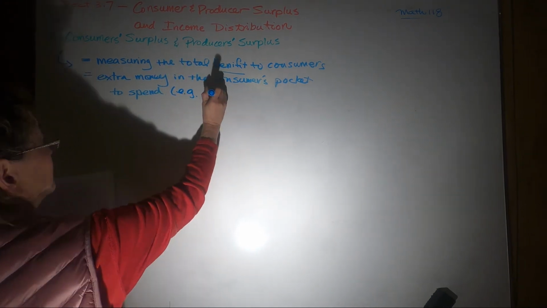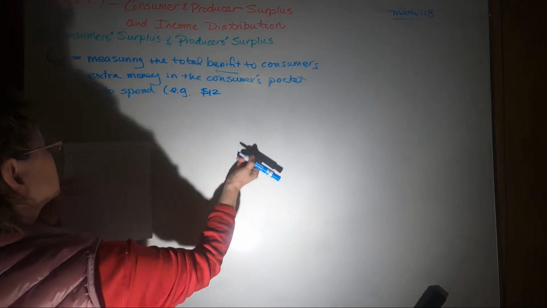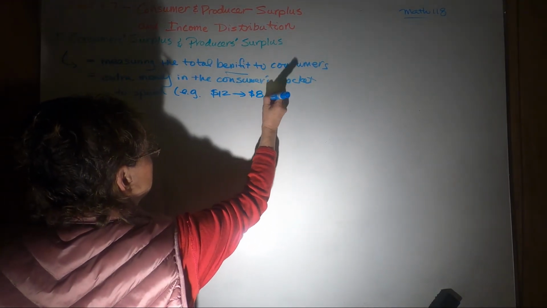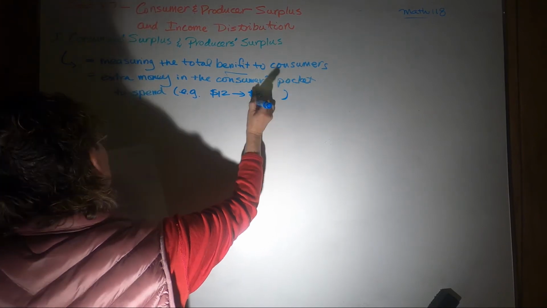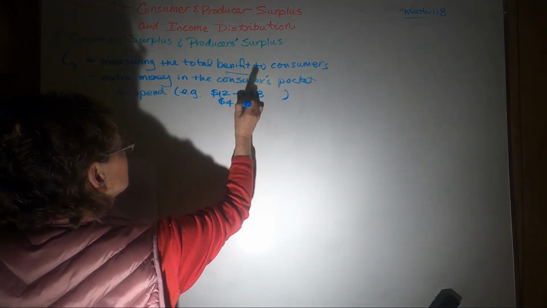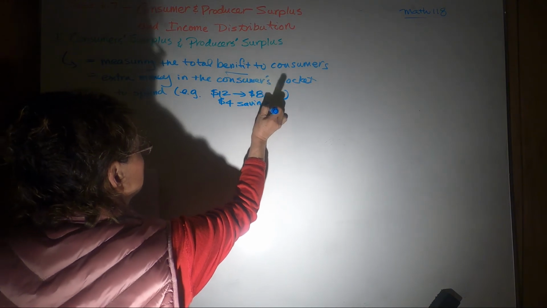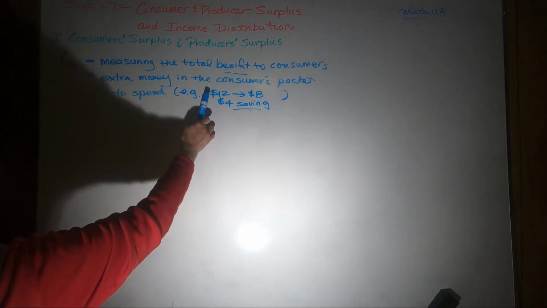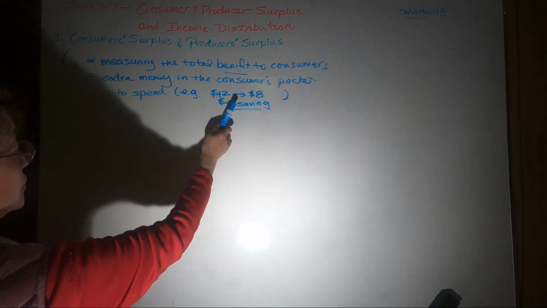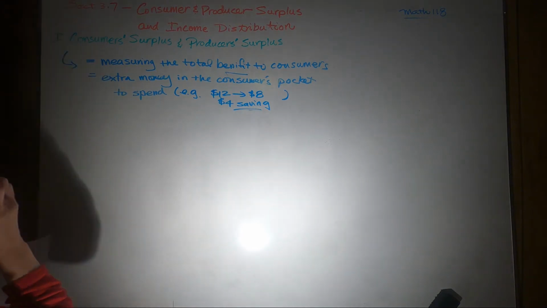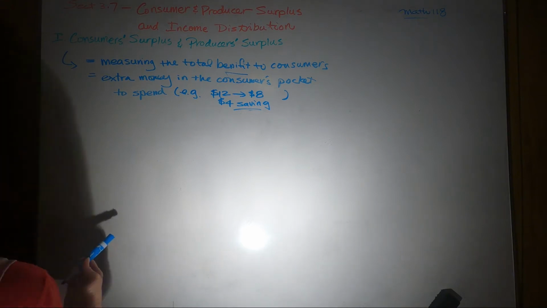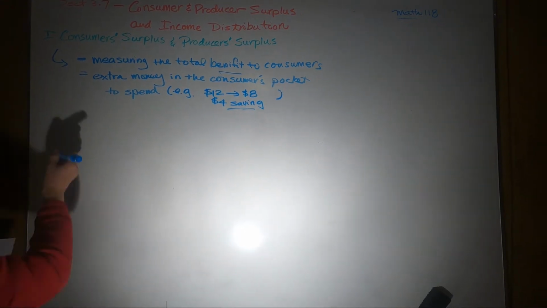For example, if a product is worth $12 and somebody sells it for $8, that would be a $4 saving. Then that would be the consumer surplus. They were willing to pay $12, but since they bought it for $8, they have $4 in savings. Then in their pocket they can spend as they like, right?